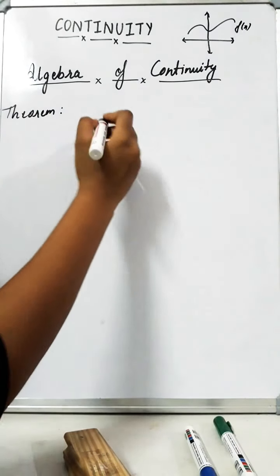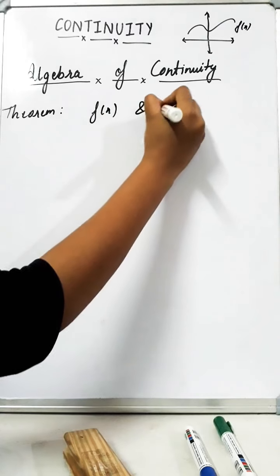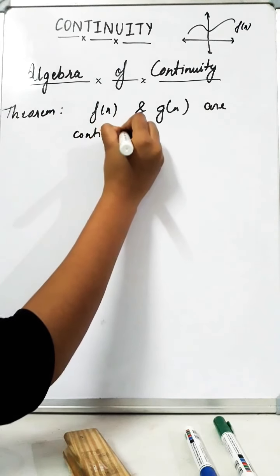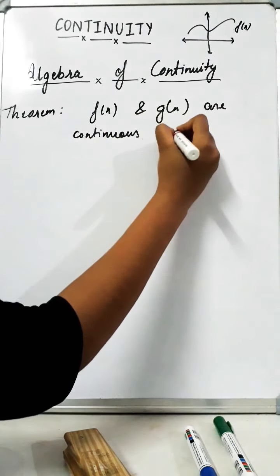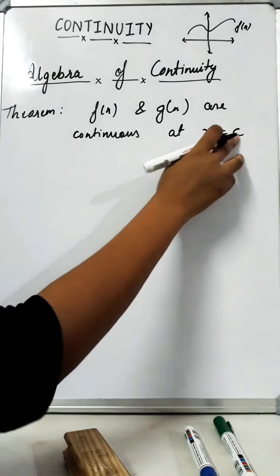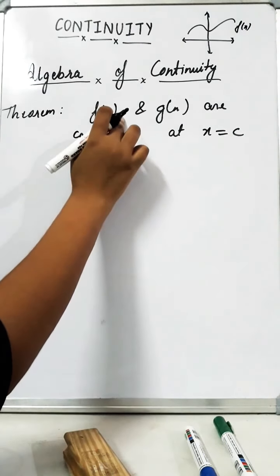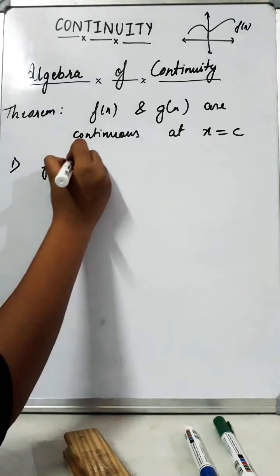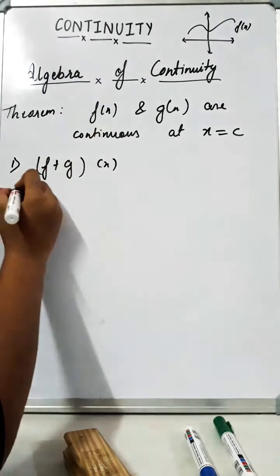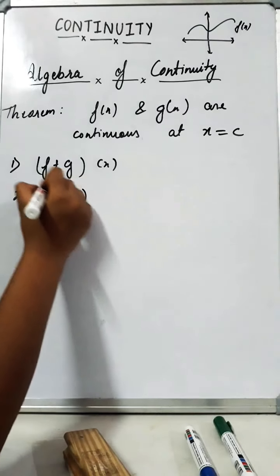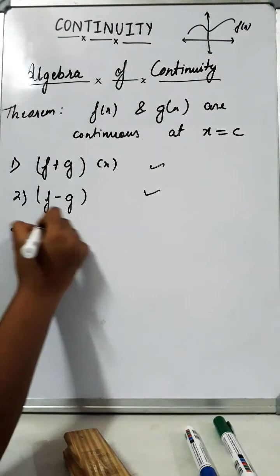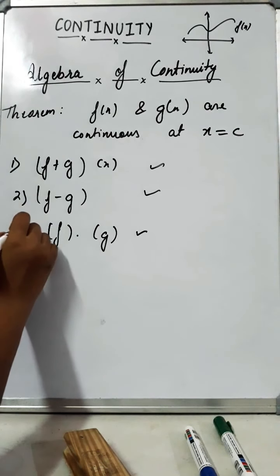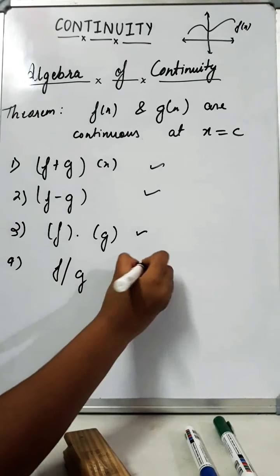The theorem says that if f of x and g of x are 2 continuous functions at any point c, that is, at c your function f of x is continuous and g of x is also continuous, then f plus g of x is also continuous and f minus g is also continuous. f into g is also continuous and f divided by g is also continuous.